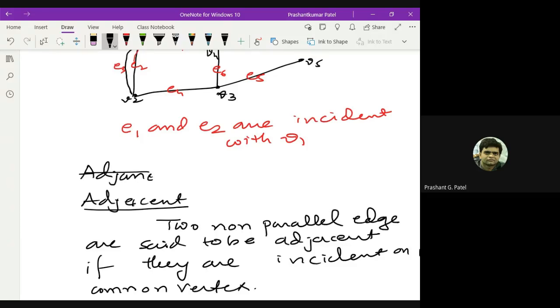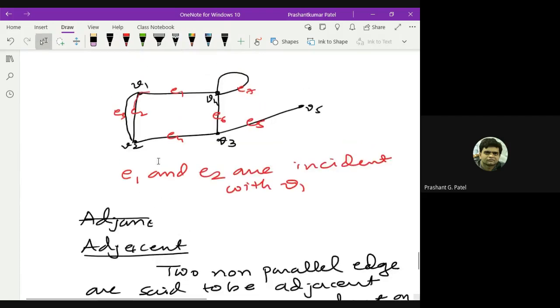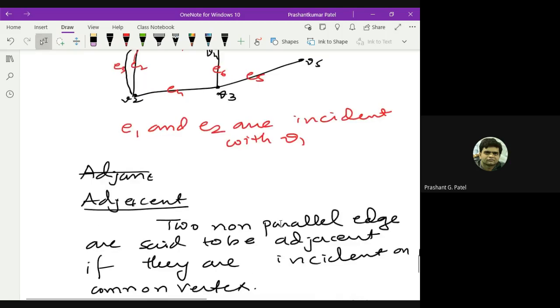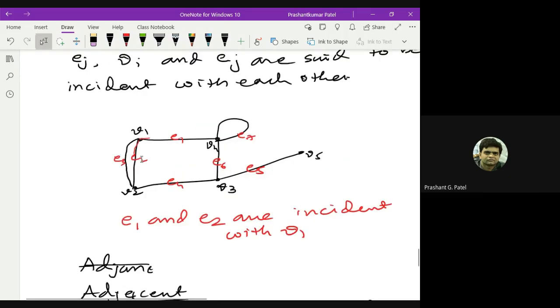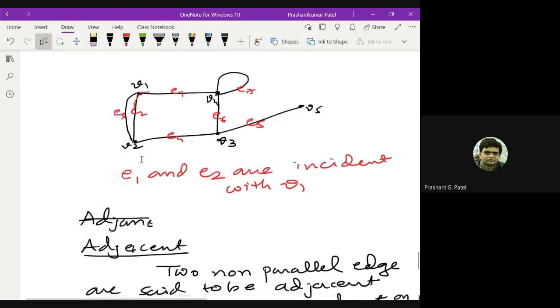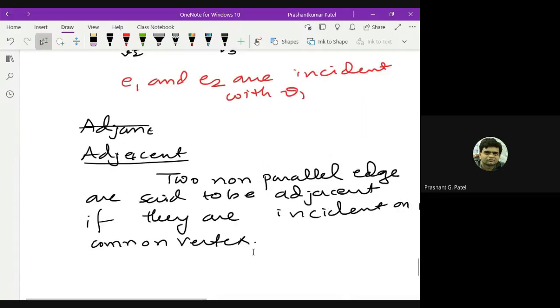For example, in this graph, E1 and E2, as per this definition, are adjacent if they are incident on a common vertex. So I can say that E1 and E2 are adjacent edges. E4 and E6 are adjacent edges, but E2 and E6 are not adjacent edges.